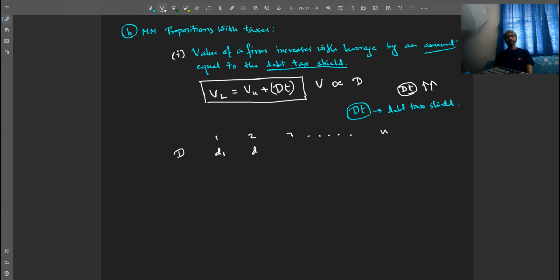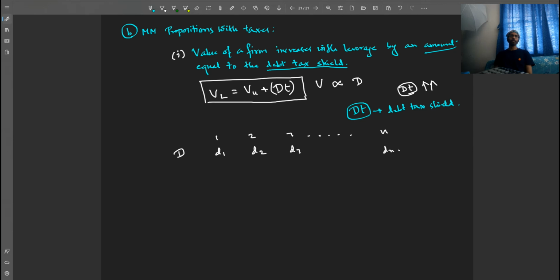Year 2 there is a payment of small d2. Year 3 d3. Like this, year n the amount paid is dn, right? It can be the same amounts or it can be coupon, then ultimately coupon plus the principal. It can be any which ways. It can be equal EMI like this. Doesn't matter, right? There are payments after all.